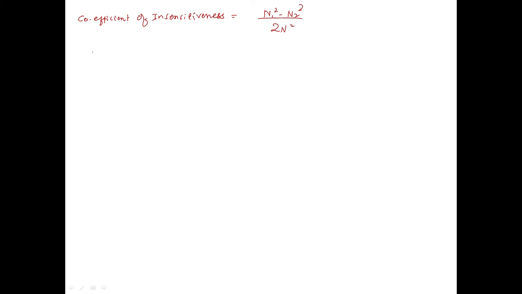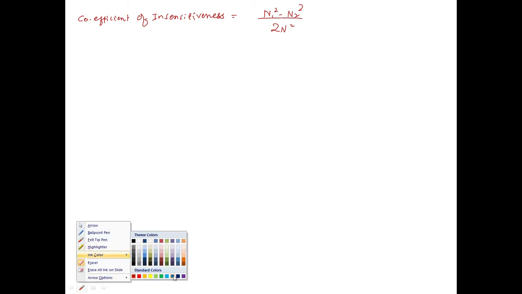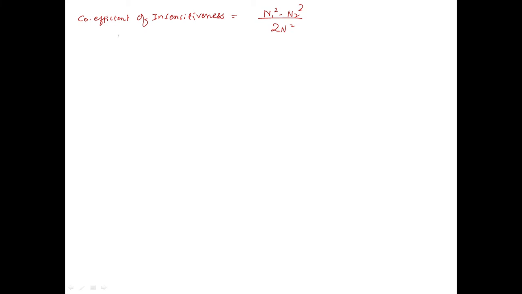Now let us find the speed at h1. You need to go for any one speed here, either N1 squared minus N2 squared. So you go for consideration of friction here. Now I'll write the equation directly for N1 squared and N2 squared.